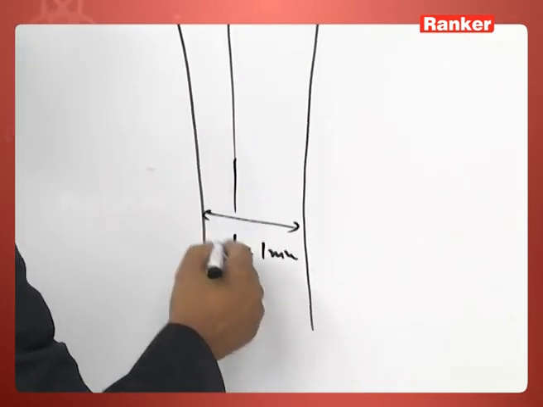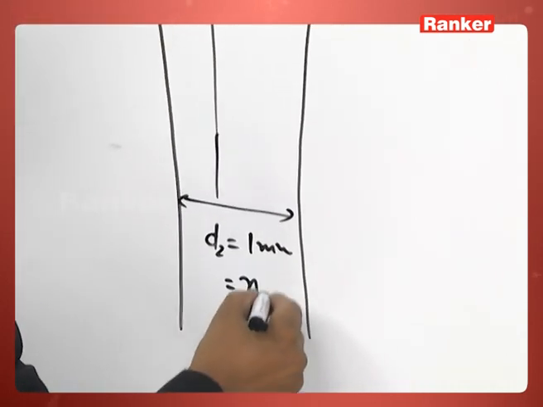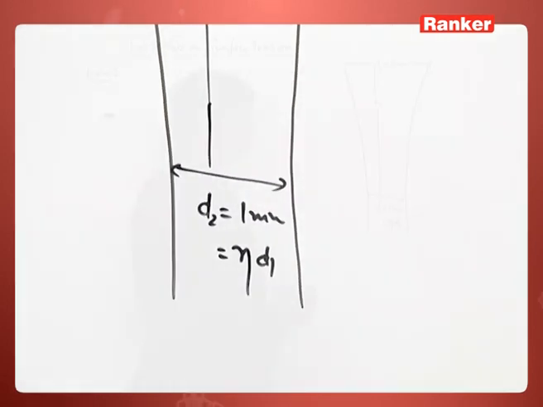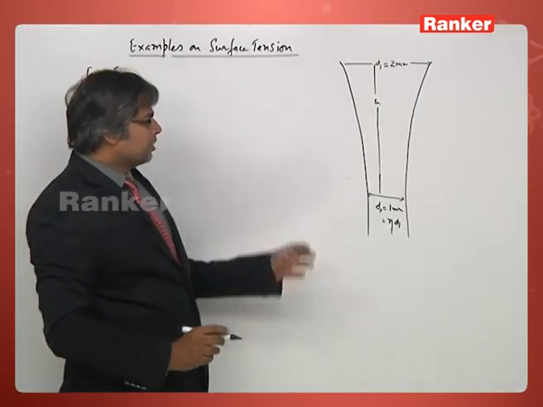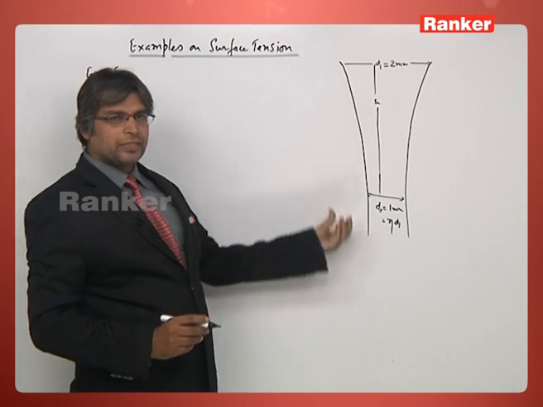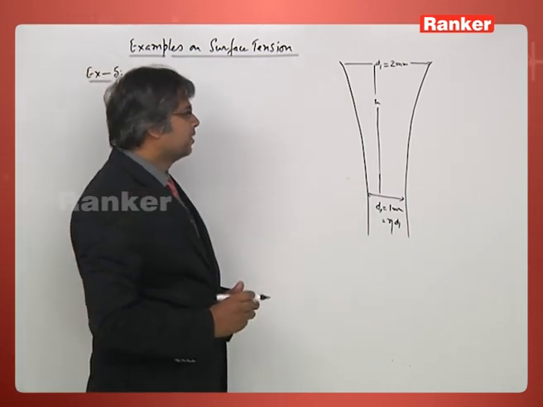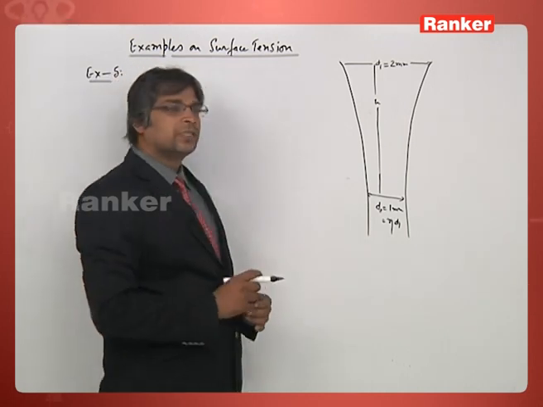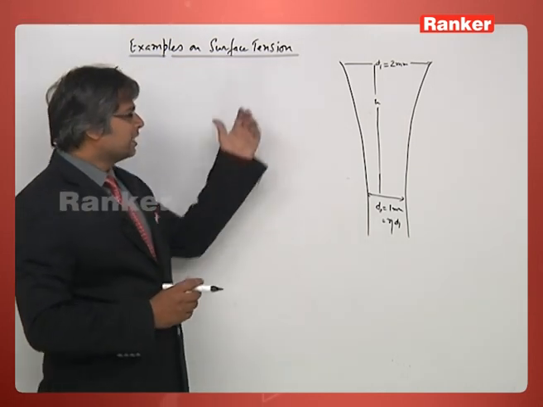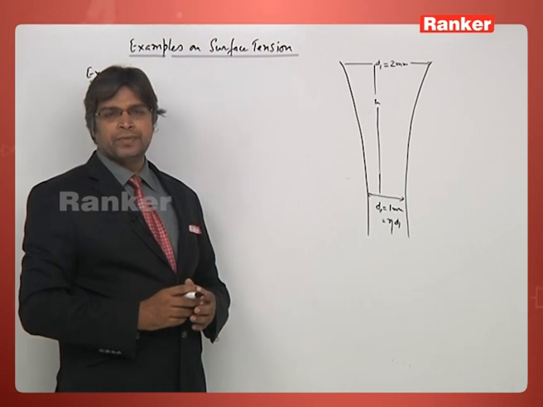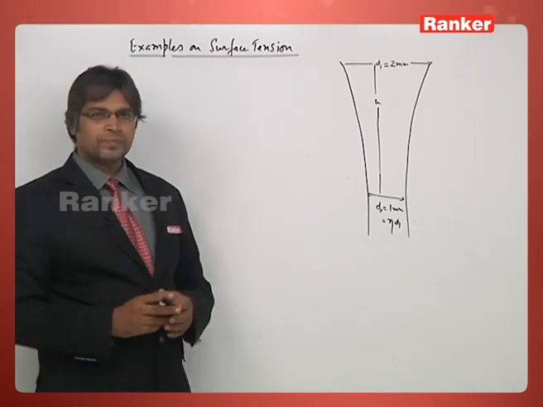That is, d2 is equal to eta times d1. Now you see this liquid jet is coming out and falling, and we have to find the discharge of liquid through this.